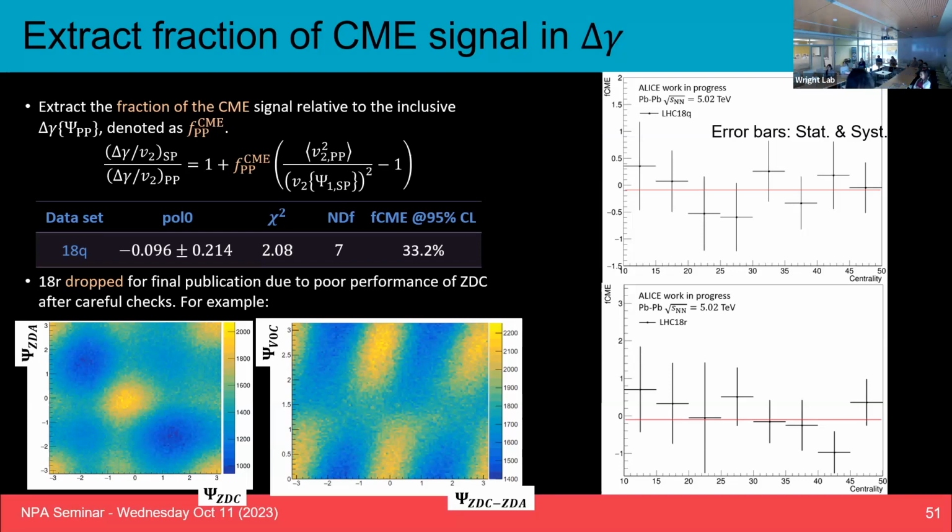It's a bit naive, but we also don't have a theory for the prior. So the CME signal is less than 33% at 95% confidence. The CME contribution to the delta gamma correlator is less than 33% of its value. Okay. So if this value is 1, we expect the contribution from CME to be less than 0.33.